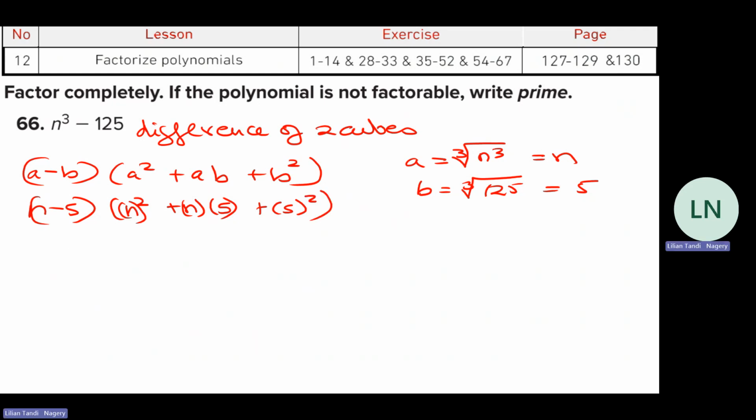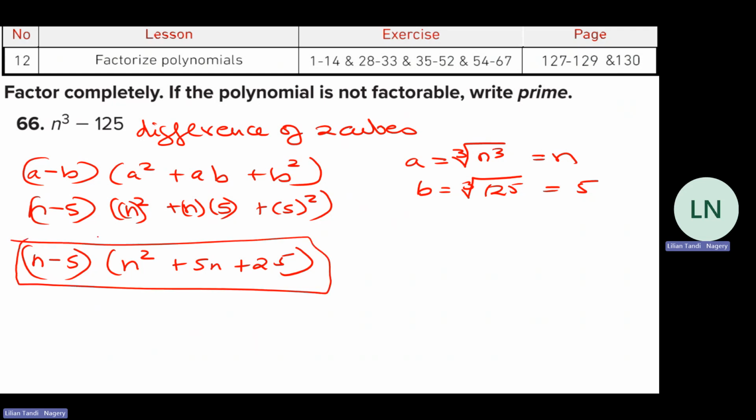Okay, so this will be n minus 5, n squared plus 5n plus 25. This is your answer. Is that clear? That is your answer.